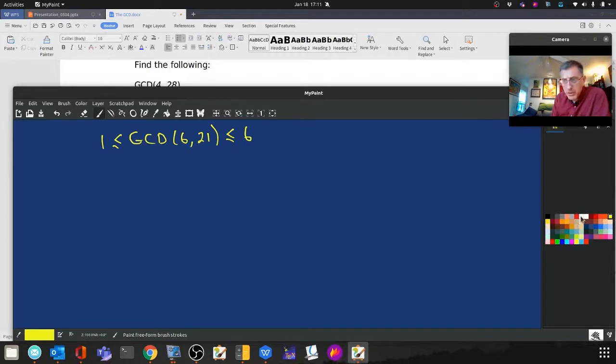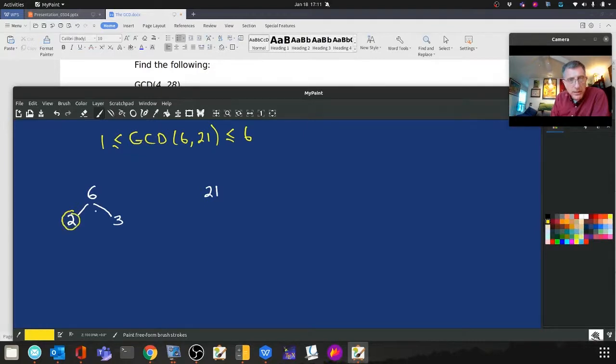So here's what we do: we make factor trees, and we're going to make a table. So I'm going to make factor trees of 6 and 21. 6 is even, so it can always be divided by 2. So 6 divided by 2 is equal to 3. And both 2 and 3 are prime.